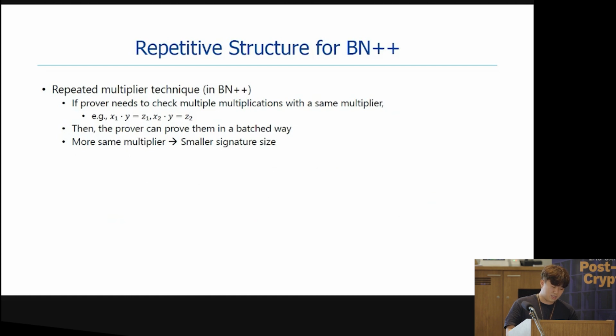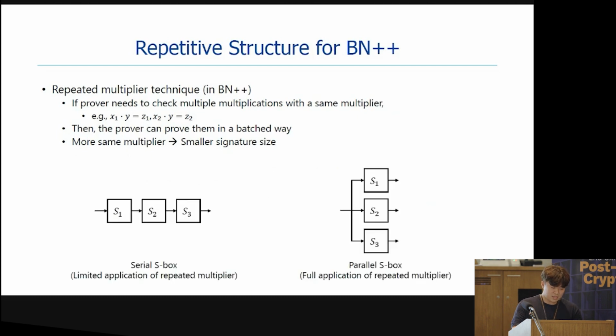After choosing the S-box, we choose some structure for BN++. As mentioned before, BN++ has a technique called repeated multiplier, which can reduce the signature size. So let's have a look at serial application of S-boxes and parallel application of S-boxes.